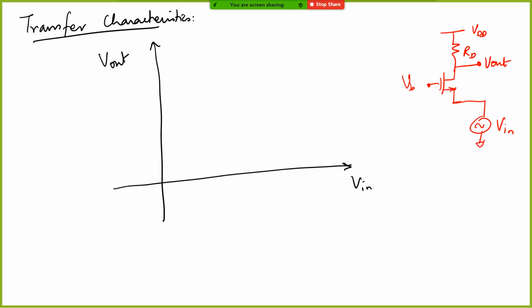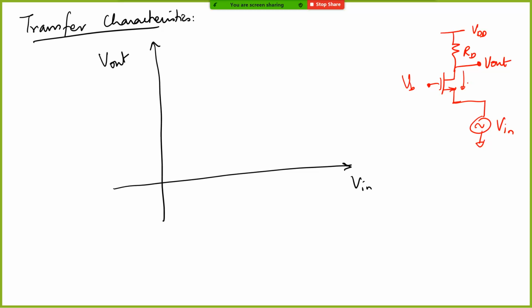It will not be 0 because of this transistor. Right now, when Vin is 0, this transistor is seeing a full gate to source voltage of Vb. And all the current is flowing through Rd. So VDD minus IDRD is this V out, but this V out will not go down to 0 because there is current flow here.